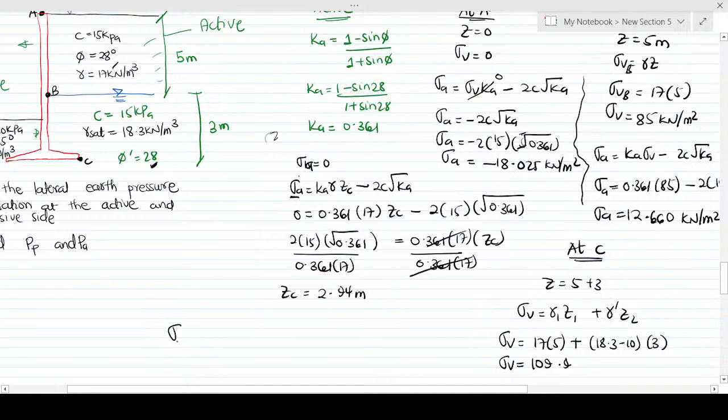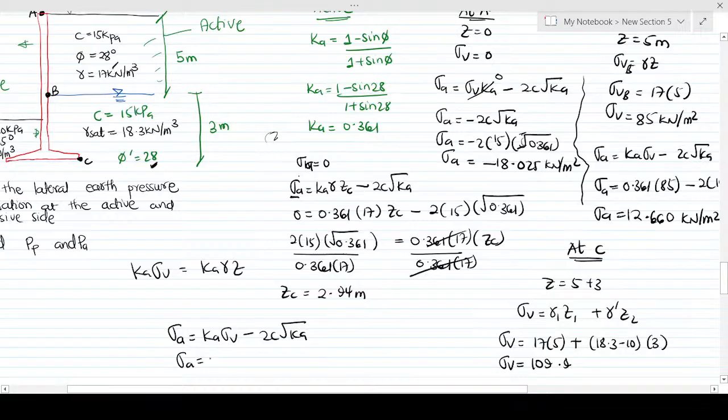So at that same C, the lateral earth pressure is going to be Ka sigma v minus 2c square root of Ka. Those of you who are watching, I'm writing it this way, it's the same as Ka gamma Z; I'm just breaking it down so that you can understand.